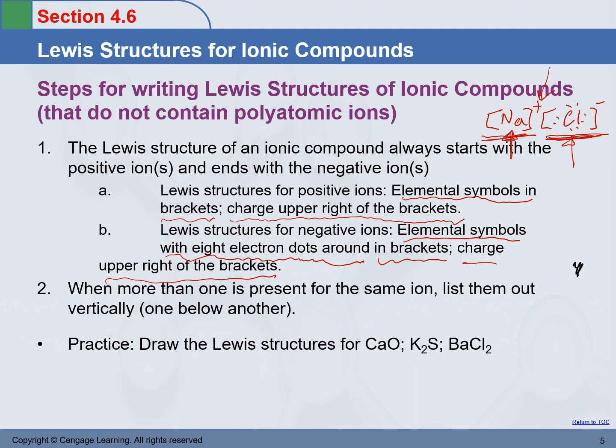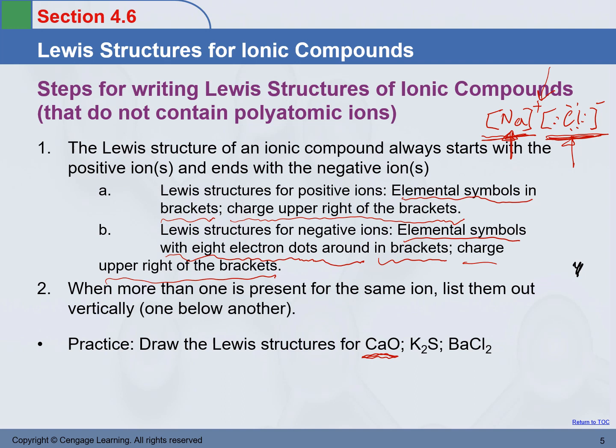Draw the Lewis structures for these 3 compounds. Okay, let's move on. Let's draw the Lewis structure of calcium oxide. Positive first. Which one is positive? Of course, calcium. Calcium is a metal, oxygen is a nonmetal. Metals are losers, are positive. Nonmetals will gain electrons.